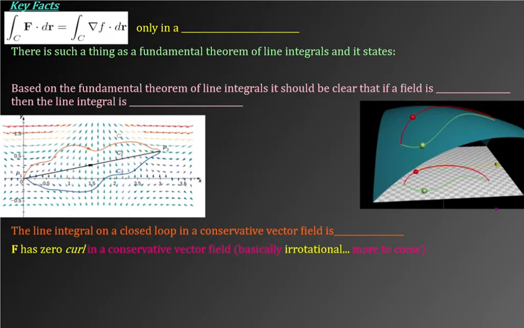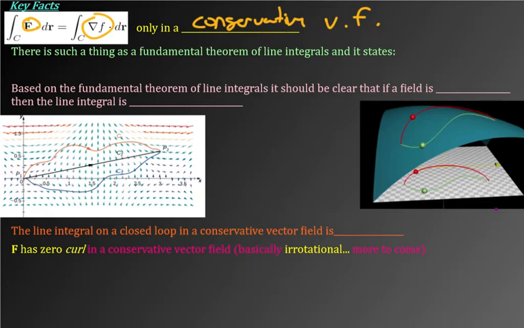I just wanted to sum up on one slide all the nice things and talk a little bit more about one part that I guess I didn't say yet. So this line integral that we're used to simplifies to this only in a conservative vector field. Okay, that's really the definition. This part becomes this part.